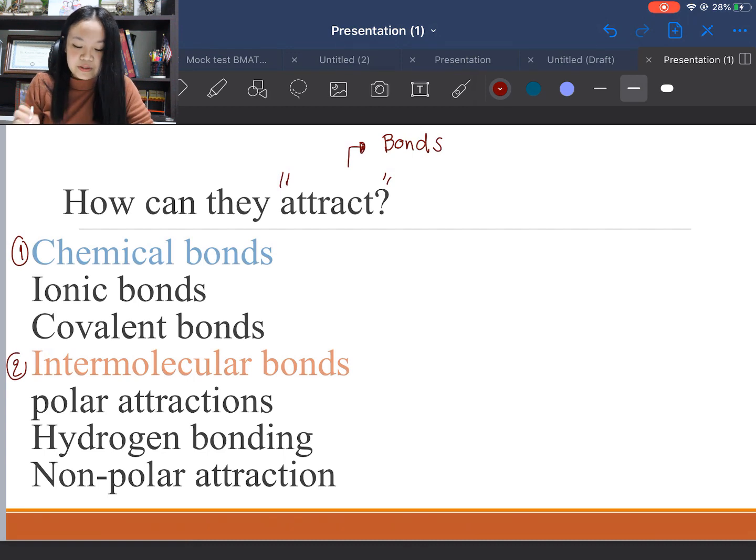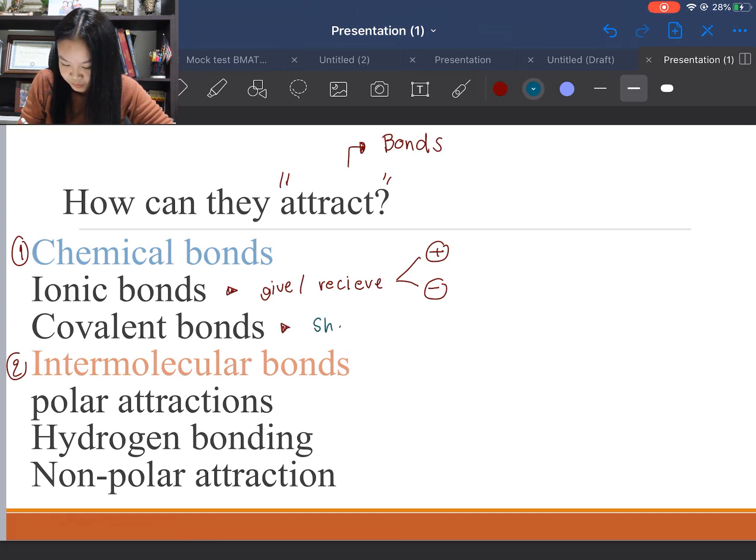Chemical bonds are divided into 2 things: ionic bond, which I will say is give and receive. One of them will show positive ions, and one of them will show negative ions. We'll go through it deeper. Covalent bond is about sharing electrons. So I'm not going to give, you're not going to receive mine, but we will share it together.